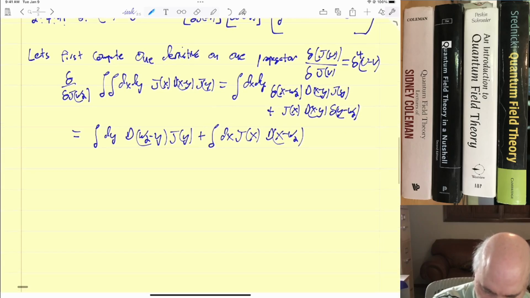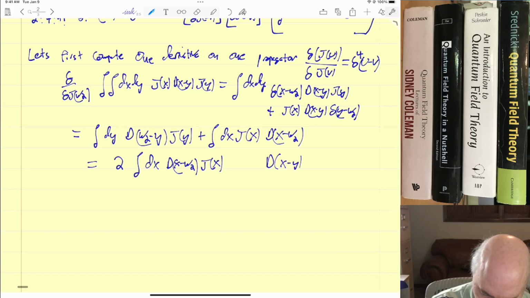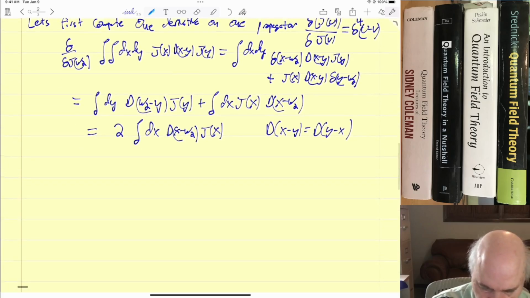Okay. And renaming variables, this is just 2 times the integral of dx minus w2 j of x. Also note, dx minus y is equal to dy minus x. So this is our first formula when we take one derivative.